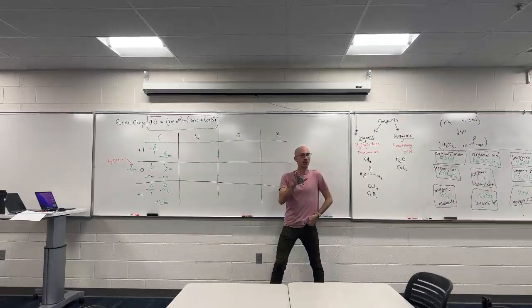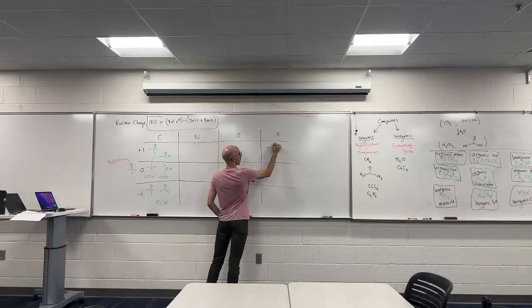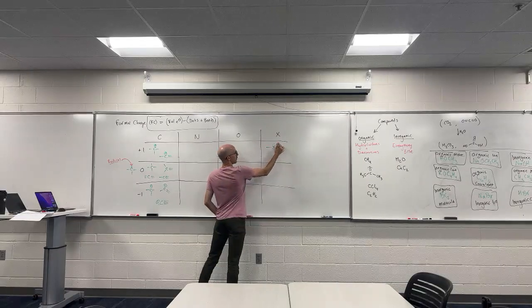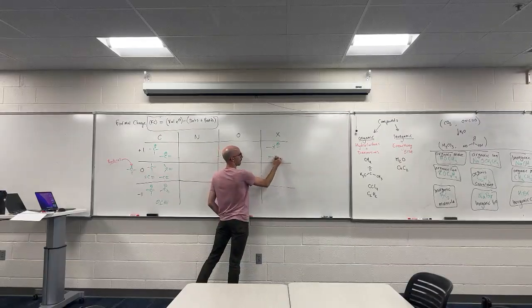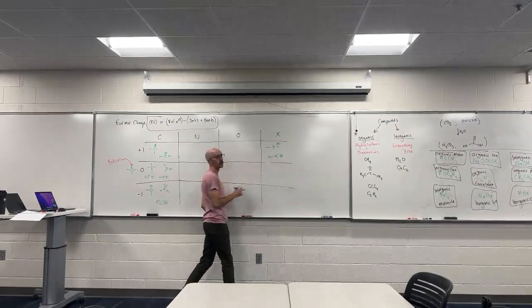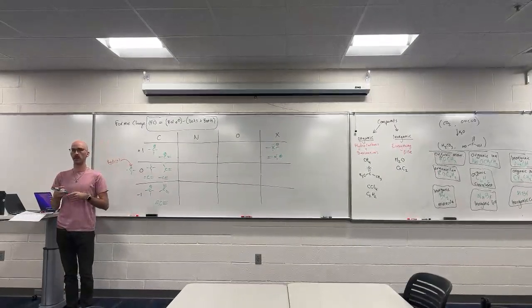So here are the bonding patterns that you'll see for halogens. A halogen with 2 bonds and 2 lone pairs holds a positive charge. There are 2 ways that that can look. 2 single bonds or 1 double bond.